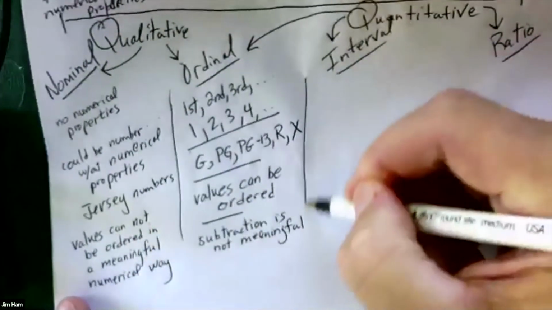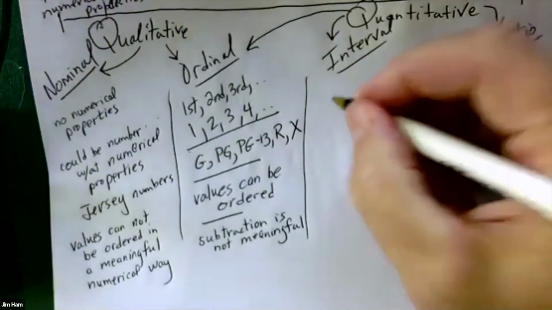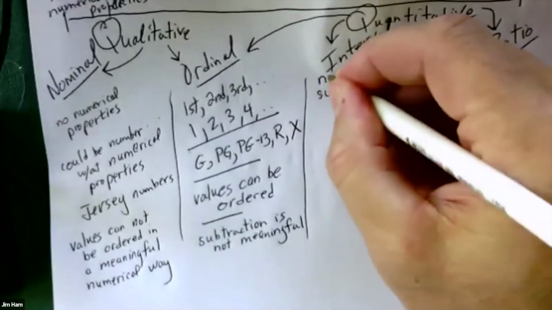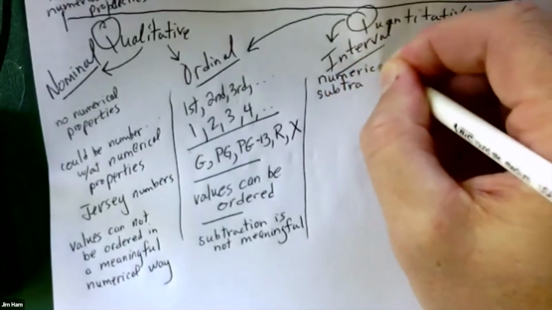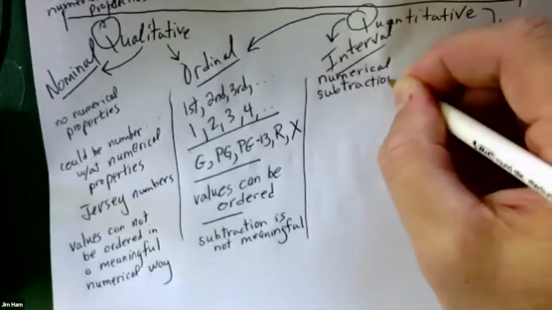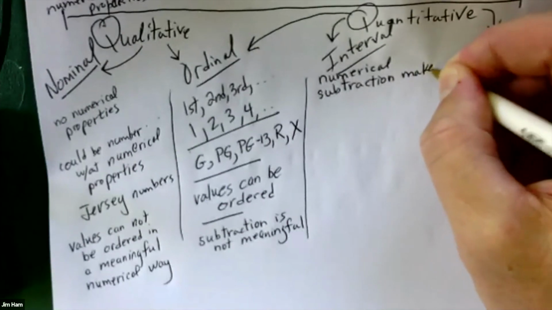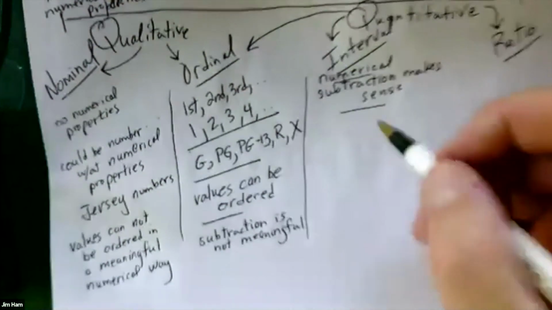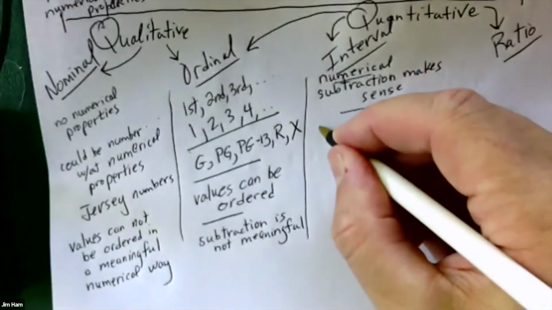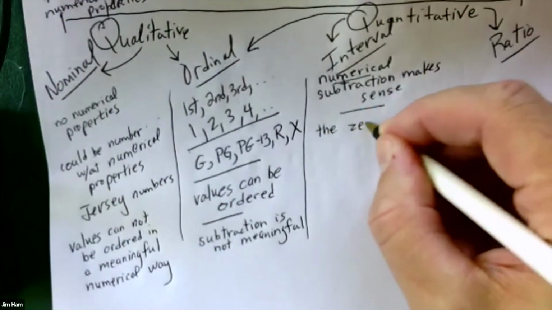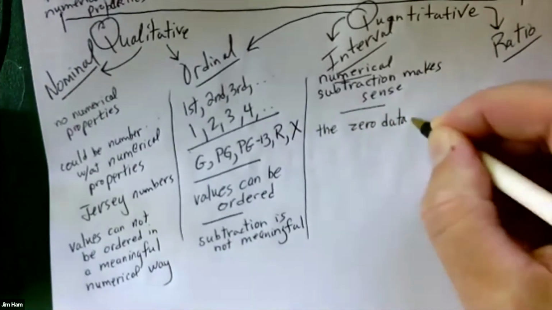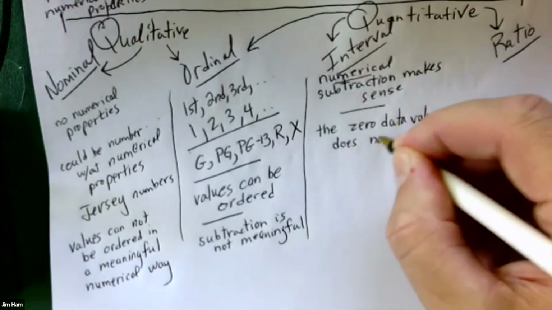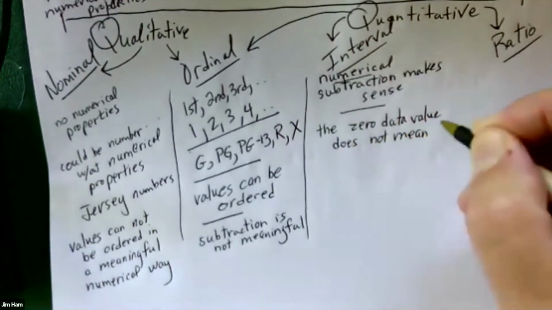And again, we list that there because in the interval level variables, they are numerical and subtraction makes sense. However, at this level, the zero data value does not mean none.